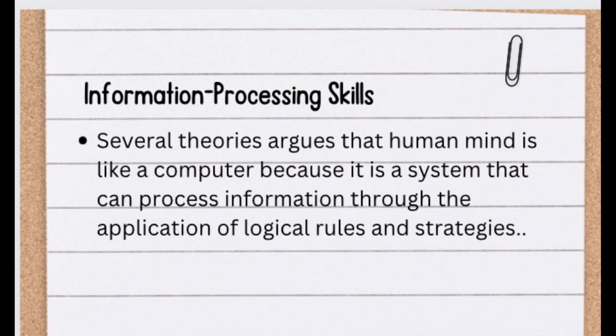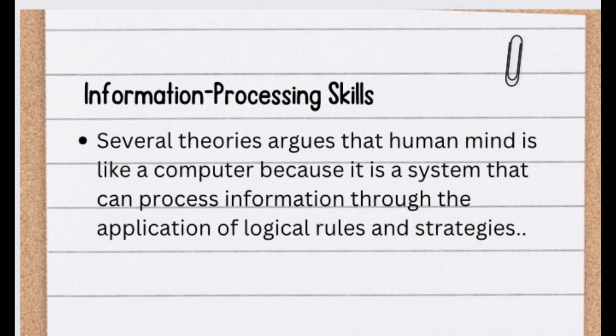So, there na ta sa information processing skills. Several theorists argue that the human mind is like a computer because it is a system that can process information through the application of logical rules and strategies. So, ang atong human mind, kung mag-work ni, same ka-complex sa computer. But then, ang differences lang nila kay, ang computer is mas faster kaysa sa human mind.